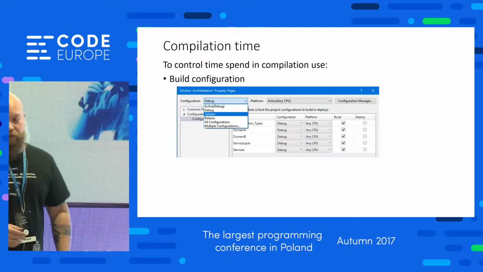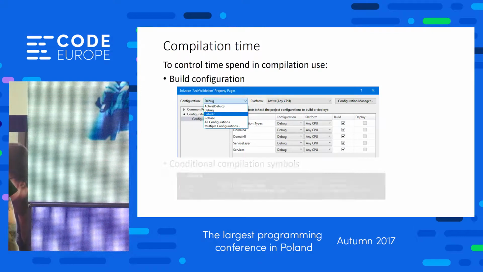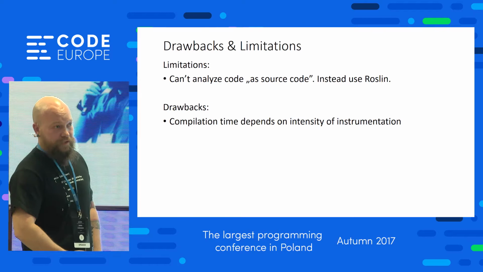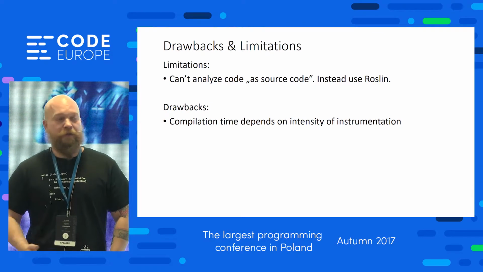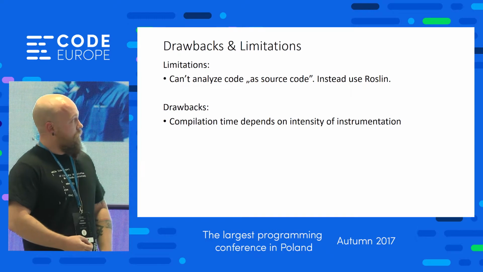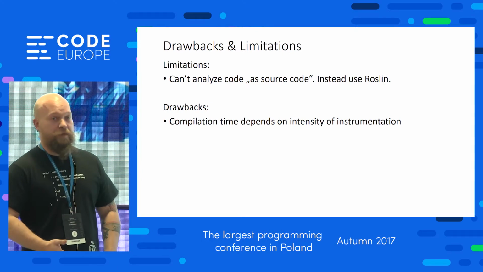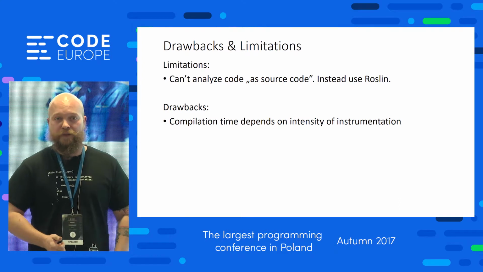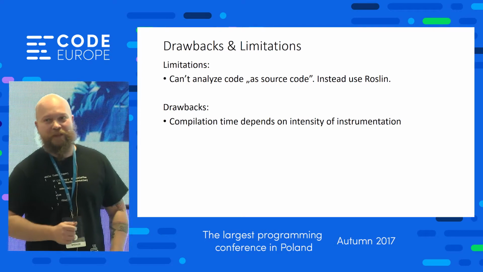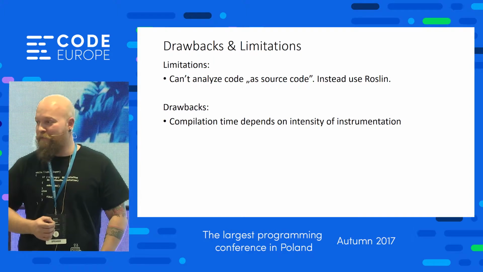If you're going to apply, let's say, logging to every method, yes, it will take much longer, maybe 3 times more. But maybe it's worth it if you are searching for some Heisenbug that's really hard to catch.